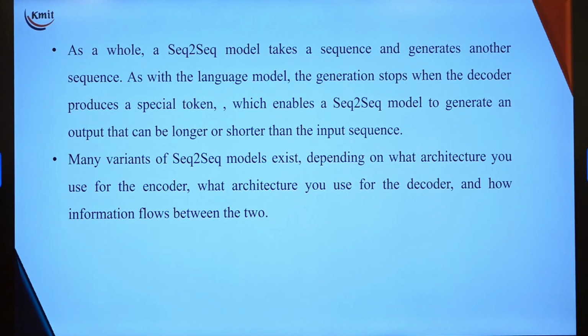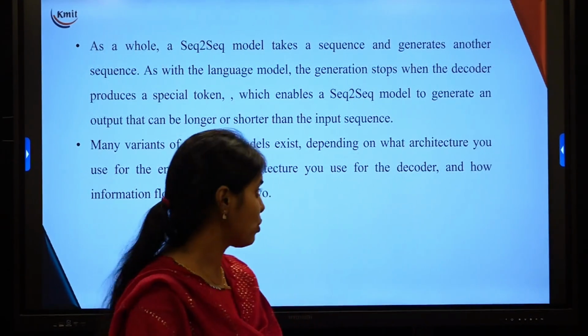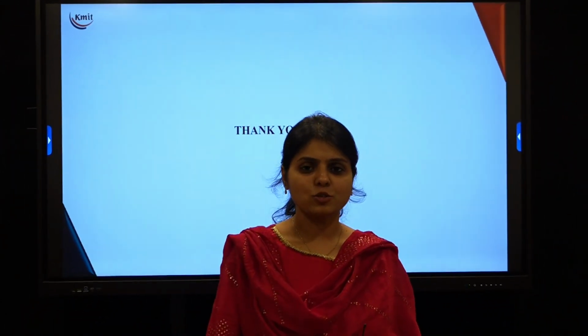Many variants of the sequence to sequence model exist depending upon what type of application we are working on, that is, different architectures exist. It all depends upon how the information flows between the two blocks based on the application we are processing. So this is all about the basic introduction to sequence models.